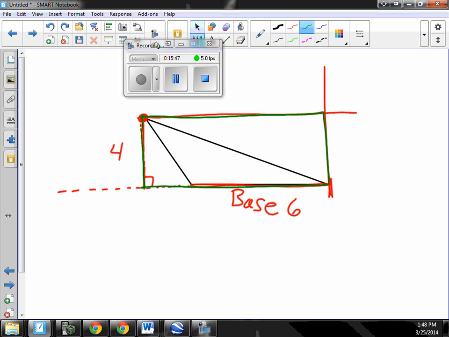Is the triangle half of that rectangle? No. It's less than. Why, Chaseley? Well, we don't know how big that is. But the area of the rectangle should be 24 because it's base times height. Right, so we need to end the rectangle right there.